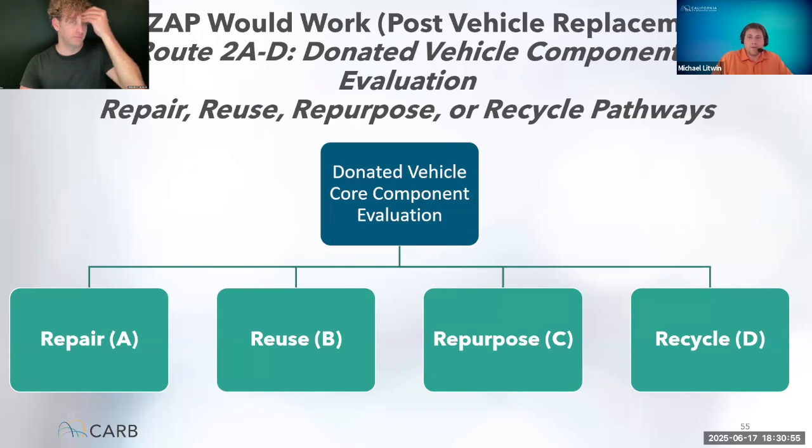Removing and utilizing functional components from the vehicle to repair other vehicles, educational purposes, refurbishment, or resale. 2C, repurpose. Repurposing vehicle components for educational projects or alternative applications, such as energy storage systems, for example. 2D, recycle. Vehicle retirement.